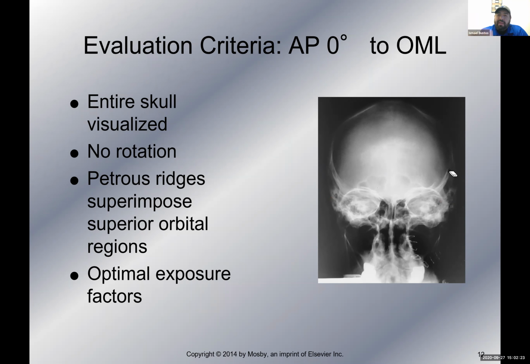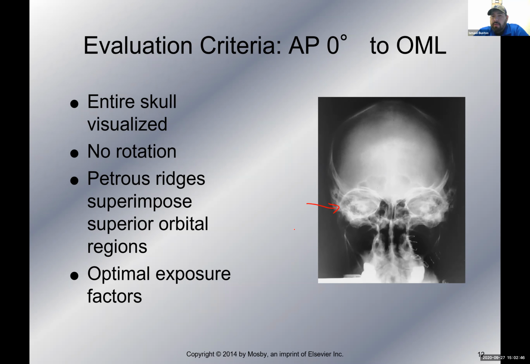Now, again, we need to talk about where the ridges go within the orbit, and if it's too high or too low, what happened? So again, remember and keep this as a guideline. If the CR is parallel to the OML, there's no angle between them. It's parallel. The ridges fill the entire orbit.